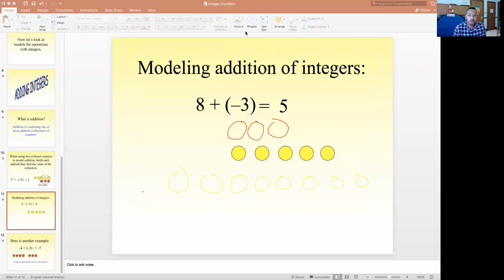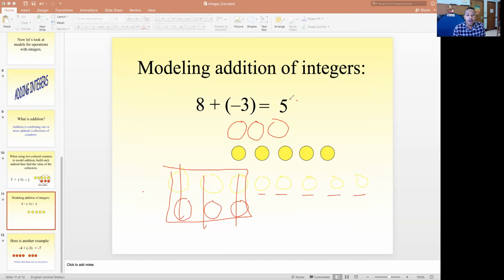Let me just redraw the red ones again, 3. And now we're going to have our 0 pairs. They cancel out, right? 1 negative with 1 positive sums to 0. And what we have left is 1, 2, 3, 4, 5, positive 5.